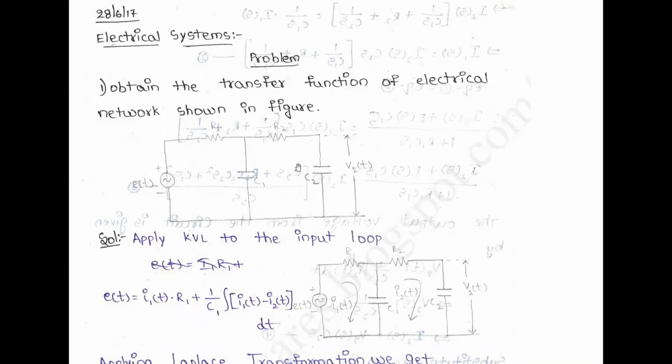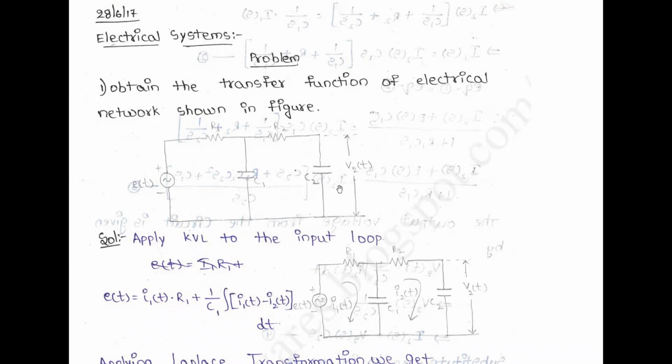First, we obtain the transfer function of the electrical network. The transfer function means the Laplace transform of the output to the Laplace transform of the input, with zero initial conditions.